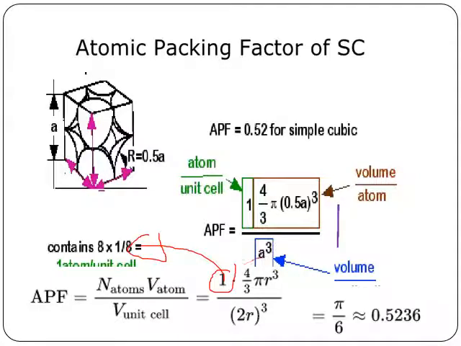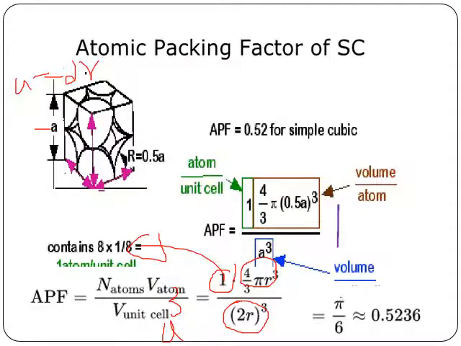The volume of atoms is nothing but 4 by 3 pi r cube, and the volume of the unit cell, we initially wrote, is a cube. So a can be written as a is equal to 2r. We have substituted a as 2r, and 2r whole cube.